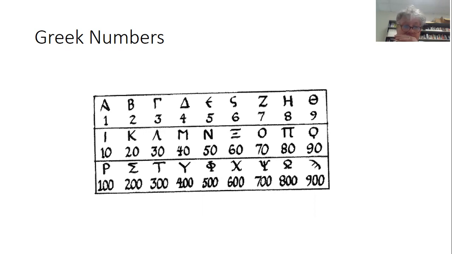So, for example, for the number 100 and a half, the integer part would be in base 10, so they would have the symbol rho, and then the half would be in base 60, so that would be lambda. So rho lambda would be 100 and a half.